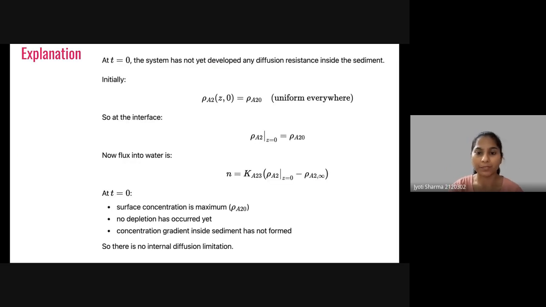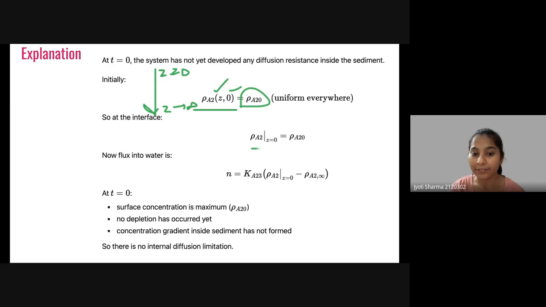So this is again the explanation: initially at time t equal to 0, and at every z position from z equal to 0 to z approaching infinity, everywhere you have uniform concentration of A, and that is represented by rho A2 node.